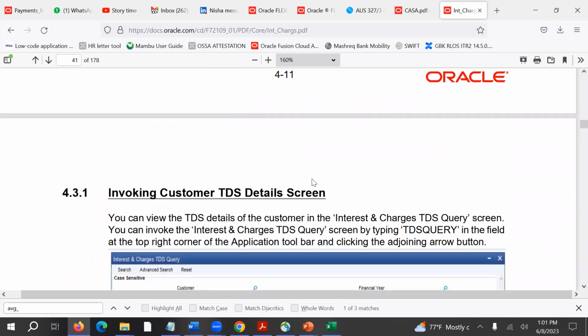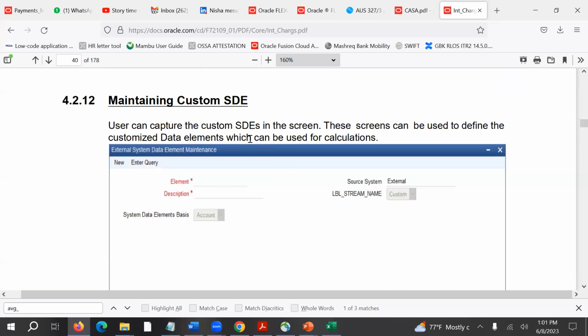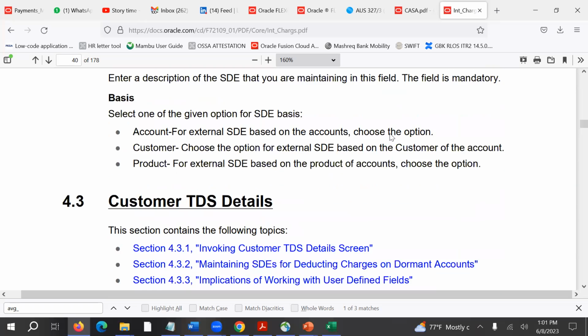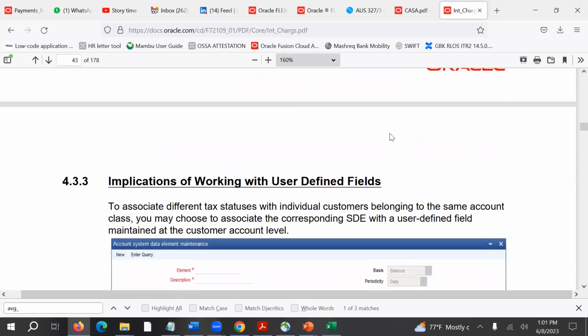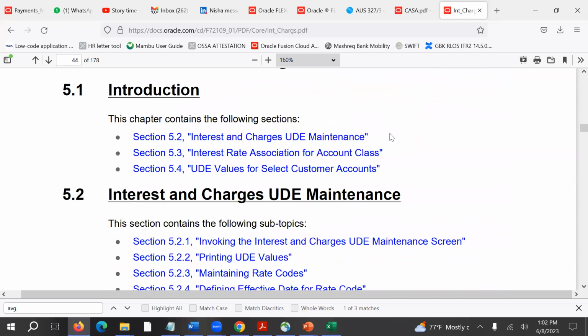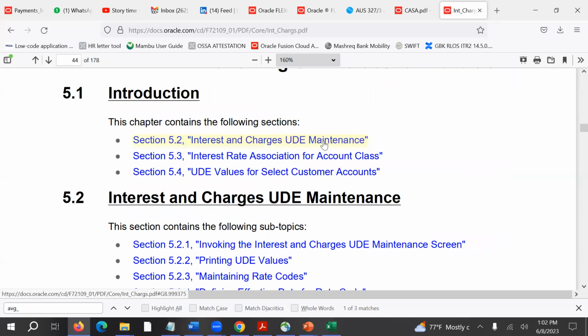In 14.7, they have given some custom SDE. This again we have to see how it works. So we can write the code for the SDE. That's what they say.